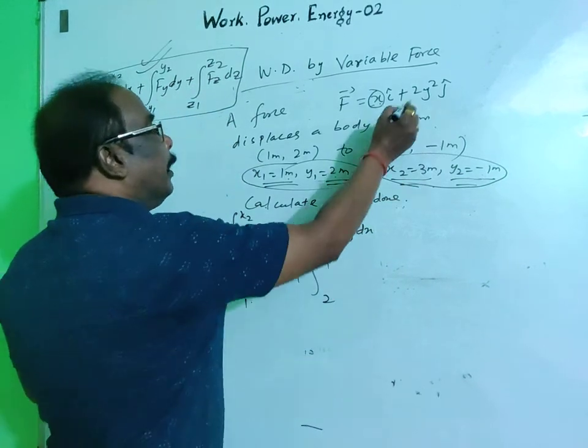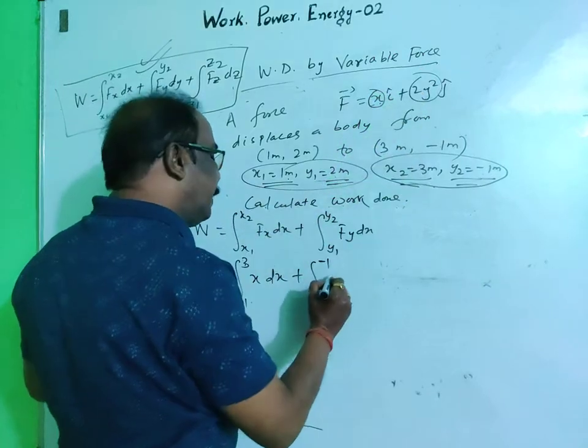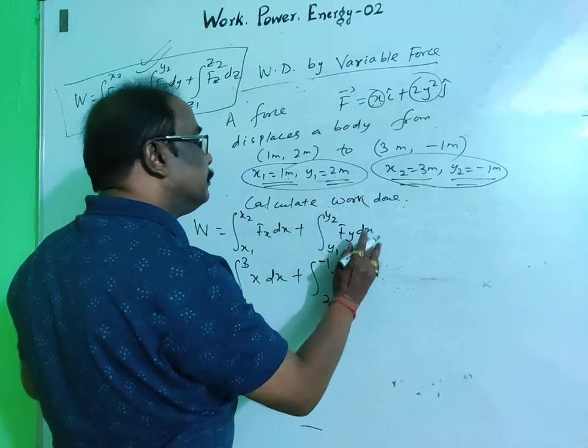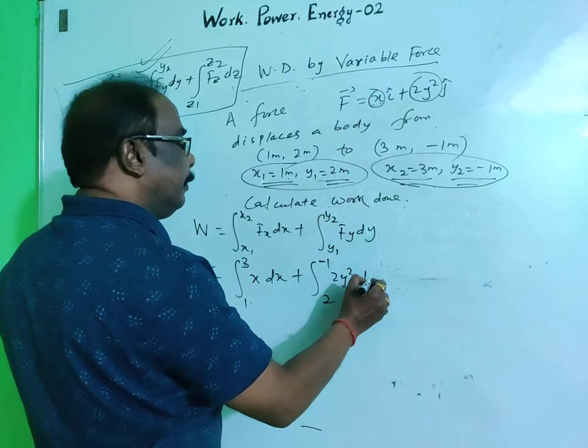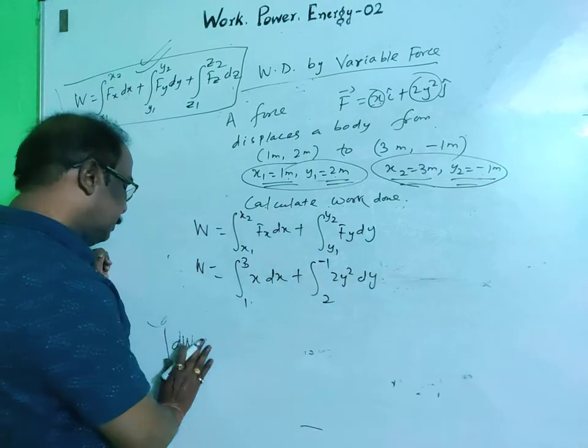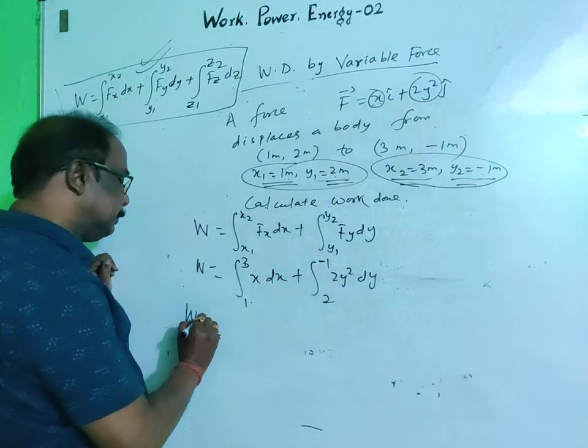Then the magnitude of Fy is 2y square into dy. Then just integrate to get our result.